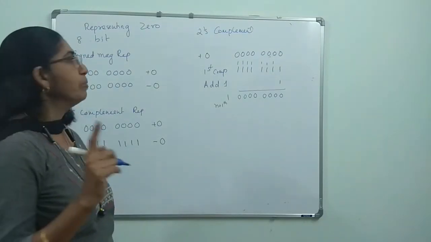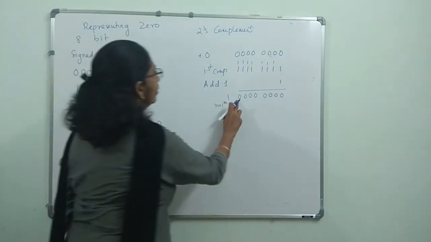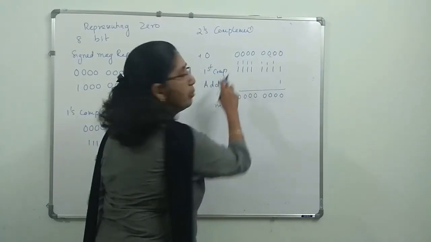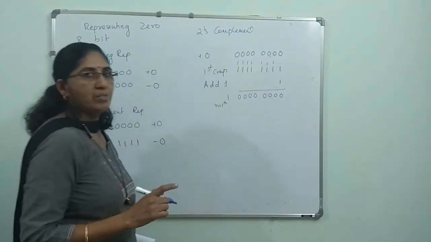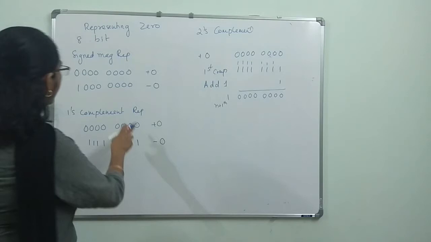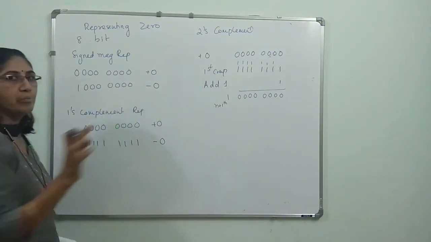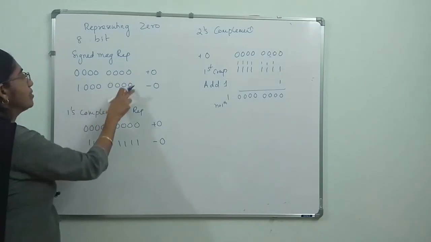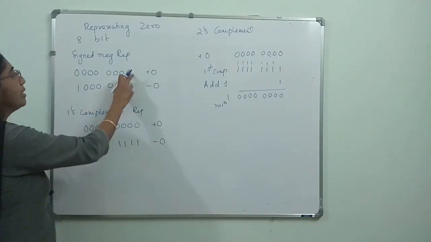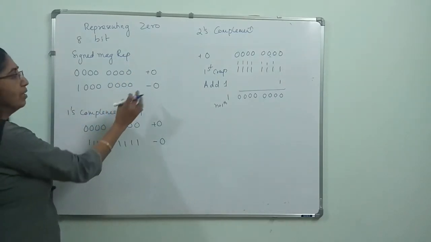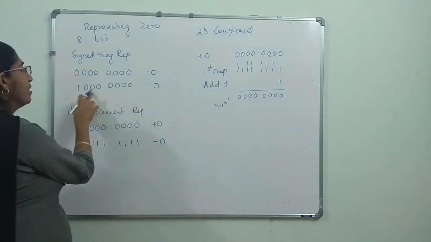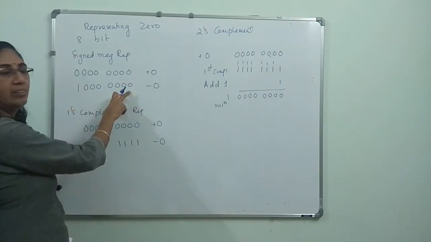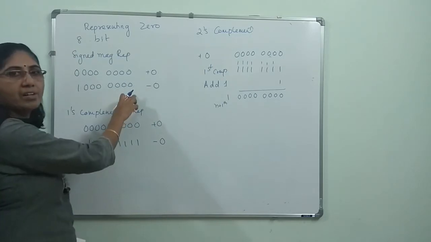That means only one particular position is required to represent both plus 0 and minus 0. You look at these two representations. To represent 0 itself, you require two places, is it not? Two ways you can represent. That means if we could have represented another number over here, just imagine we can represent one extra number.